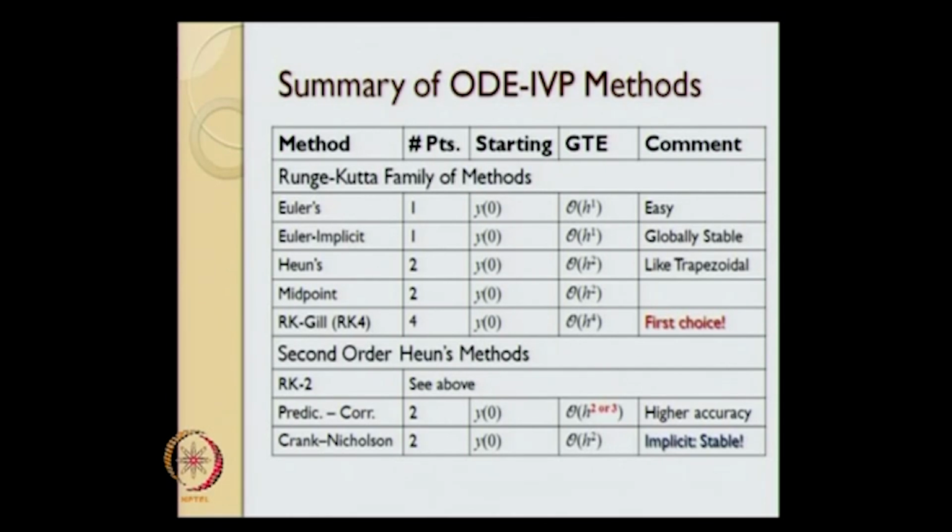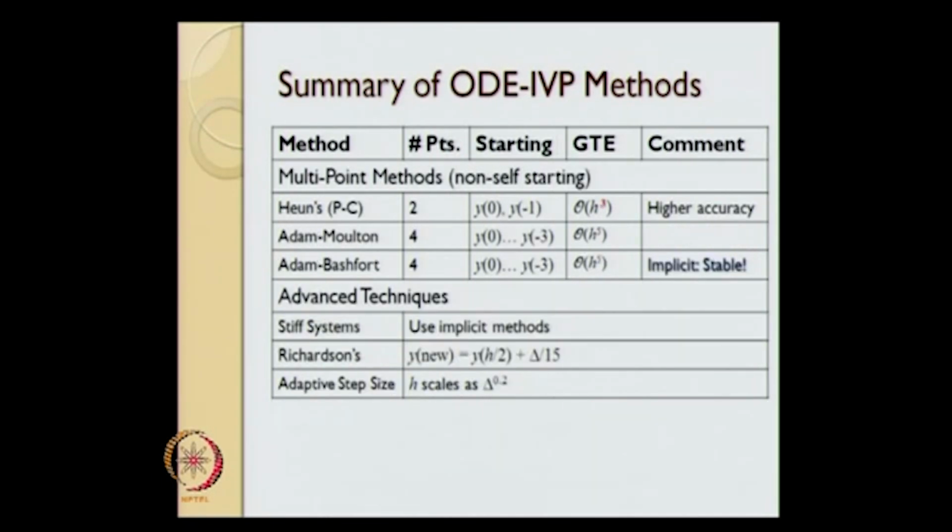Probably the two most popular methods for solving ODEs are the RK4 method, which is an explicit method, and the Crank-Nicolson method, which is an implicit method. These in my experience are perhaps the two most popular methods for solving ODE initial value problems.